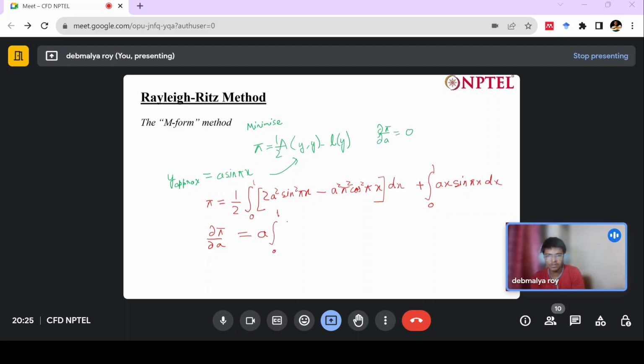This whole expression will be there. Only this A square term will be outside. You have to keep that in mind. dx plus, here this A term will not be there because we are partially differentiating with respect to A. So x sine pi x dx, this will be equal to 0. Equal to 0, why? We are minimizing this.